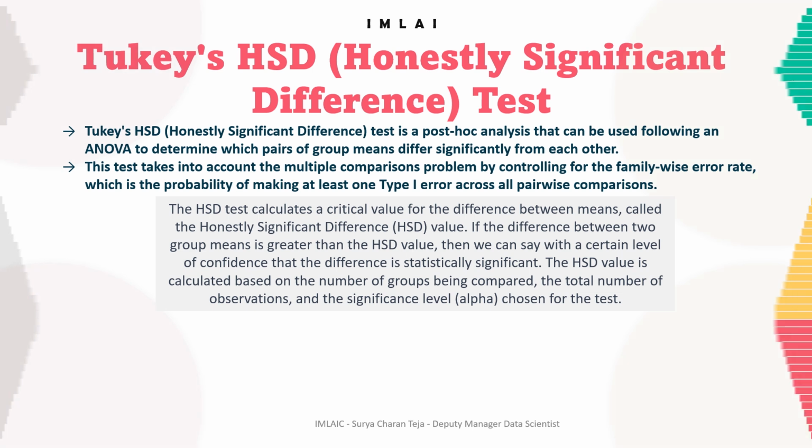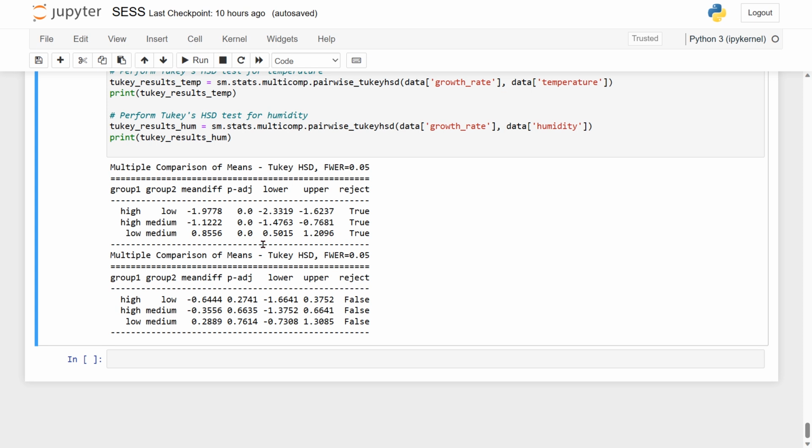Overall, Tukey's HSD test is a powerful tool for identifying significant differences between group means after performing an ANOVA, and it helps to avoid the problems associated with multiple pairwise comparisons without compromising the overall alpha level. So let's look into the example now.